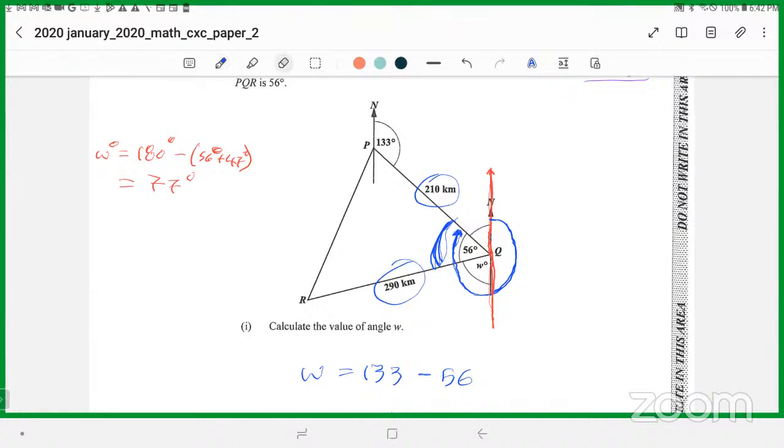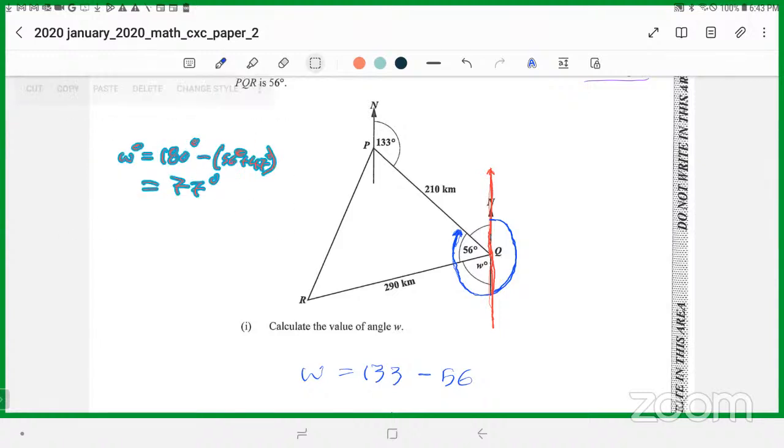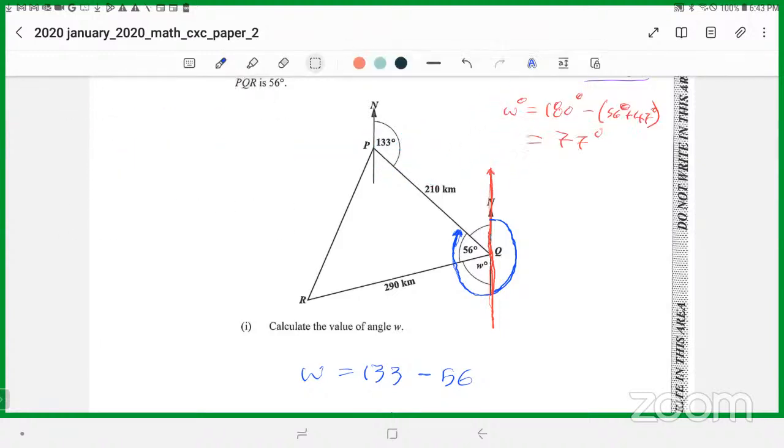All right, let's just write it on the paper on the screen right here and copy it down. Cosine rule. So the cosine rule is going to give us this side, and we're going to leave off the square root for now. So I'm going to start by saying PR squared equals, start like Pythagoras' theorem: this side squared plus this side squared, 210 squared plus 290 squared, minus a piece because it is not a hypotenuse, so subtract a piece.